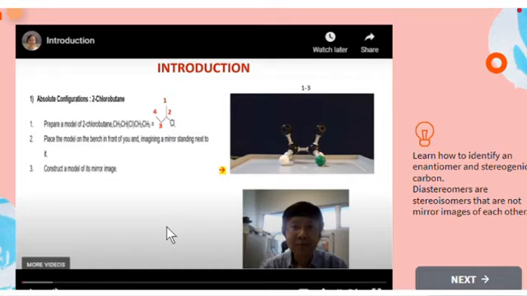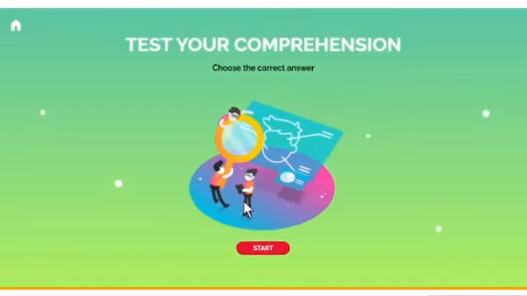After you have completed the introduction, you can press next to test your comprehension, to test your understanding on a very small chunk of information that is given in the video just now.